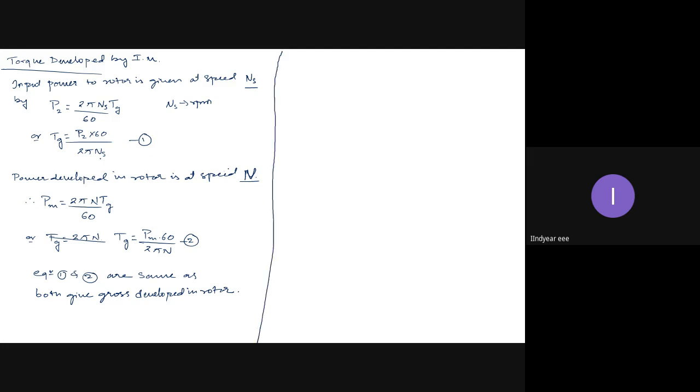Then the output power is given by P out is equal to 2 pi n TSH by 60, or shaft torque TSH is equal to P out into 60 divided by 2 pi n.